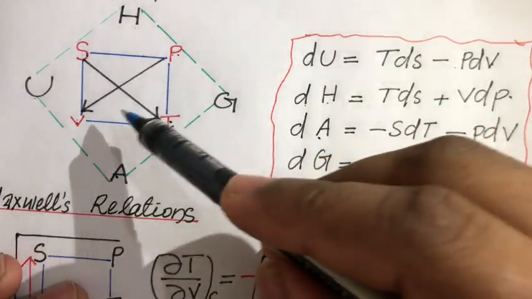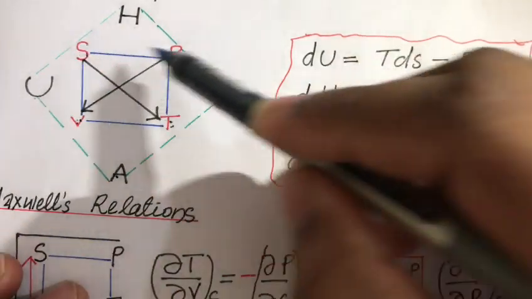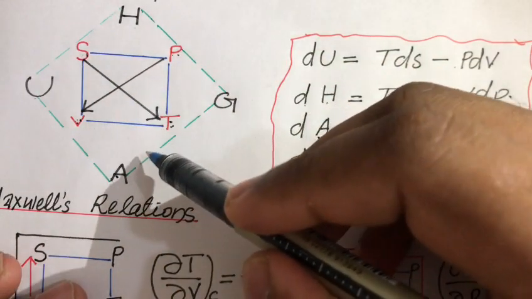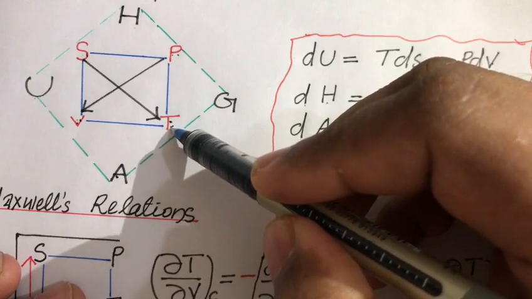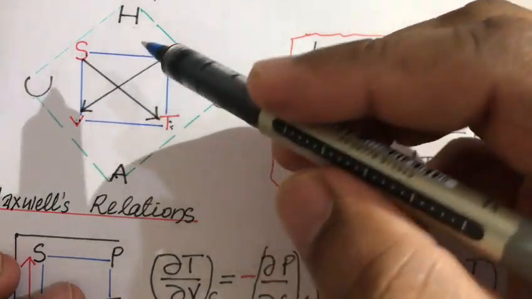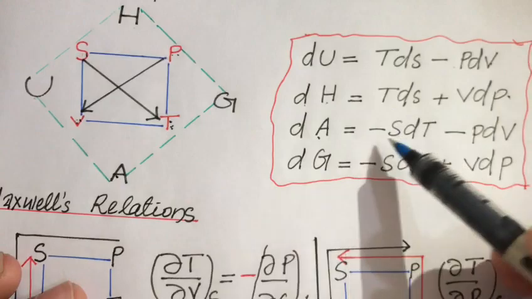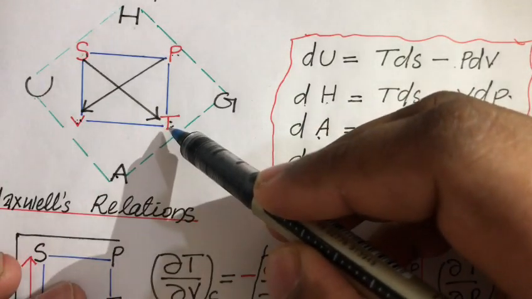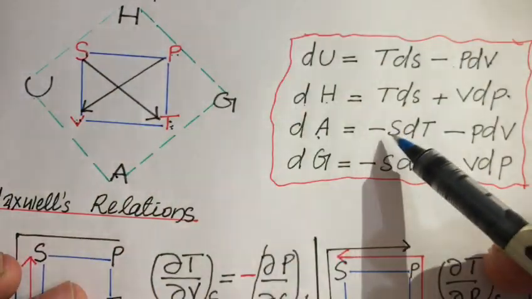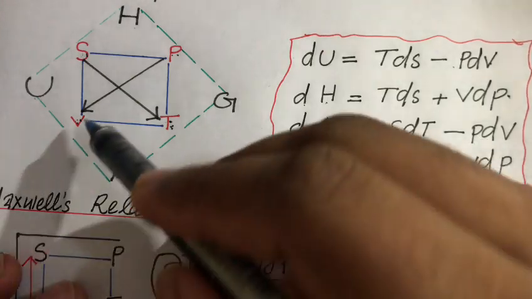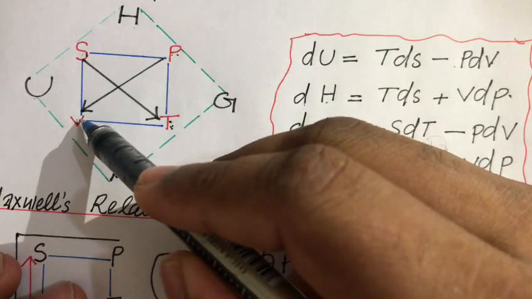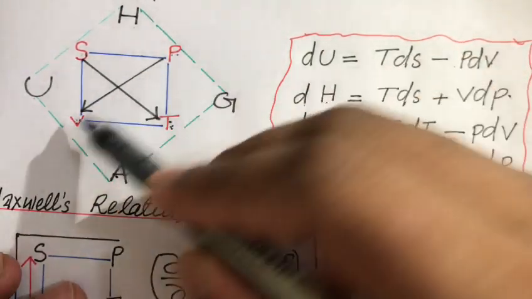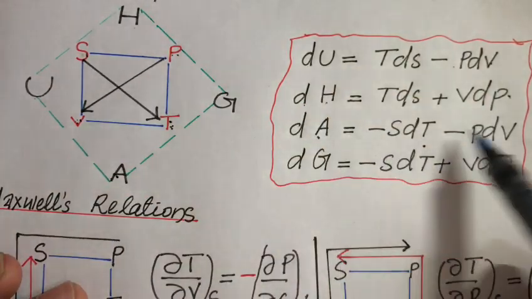It is minus SdT, because it is away from the constant, then minus PdV, which is also away from the constant.